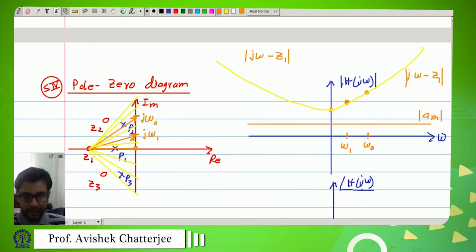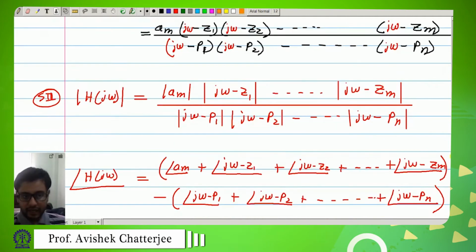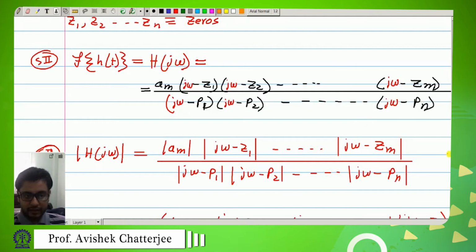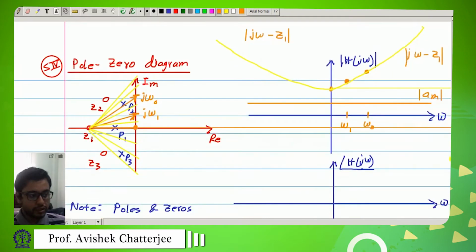In the same way, you can plot j omega minus Z2, Zm, all other terms. Okay, and then you have to multiply all these terms. Suppose Z2 is here.